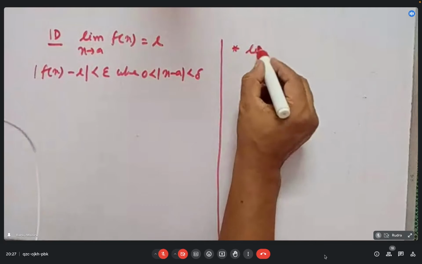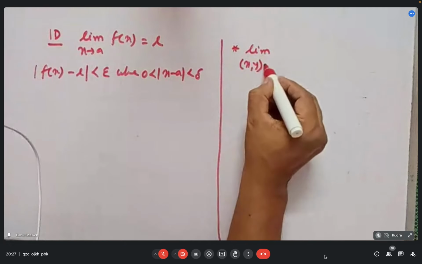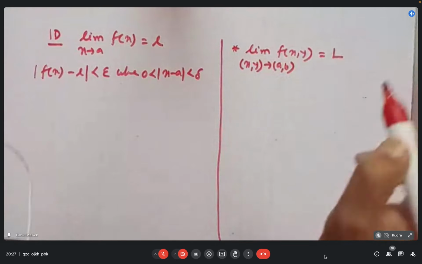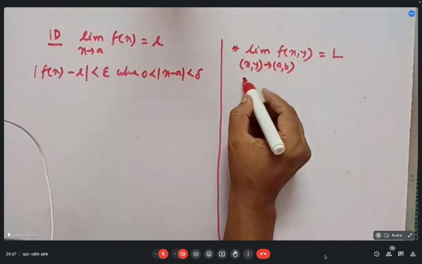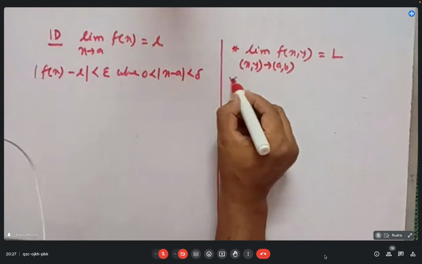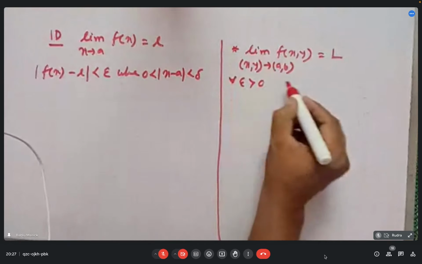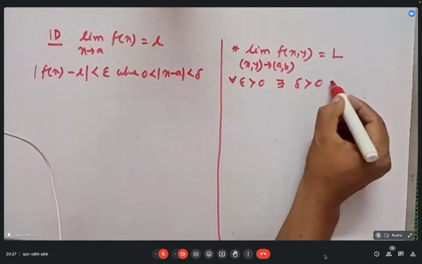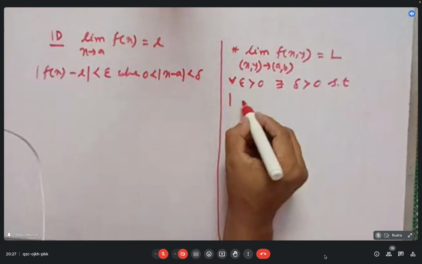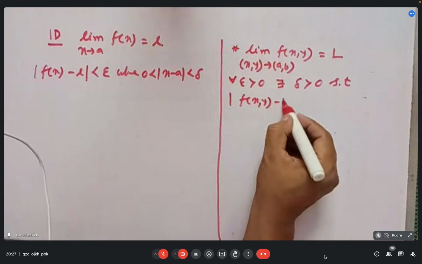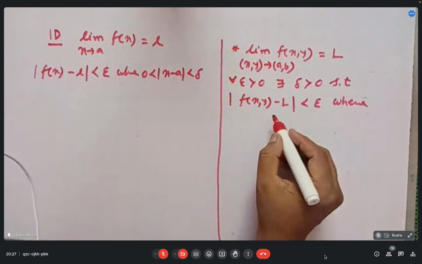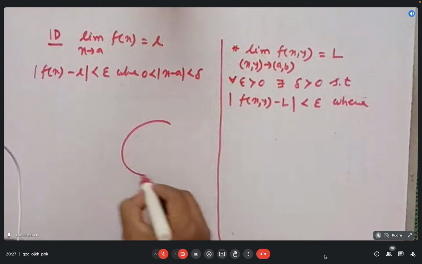The limit as (x, y) tends to (a, b) of f(x, y) is equal to capital L. What does this mean? Write: this means if for any epsilon greater than 0 there exists delta greater than 0 such that, same type of definition, such that mod of f(x, y) minus L is less than epsilon whenever, here we shall consider a circular neighborhood.